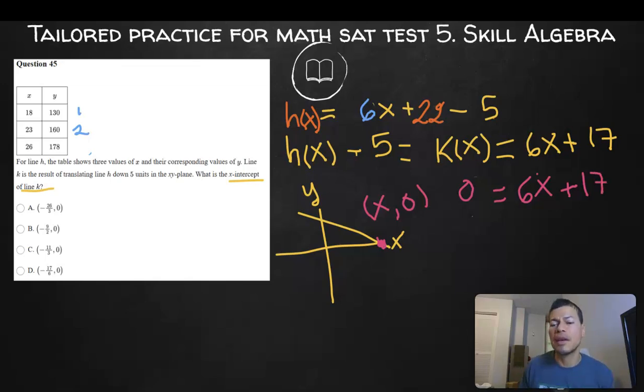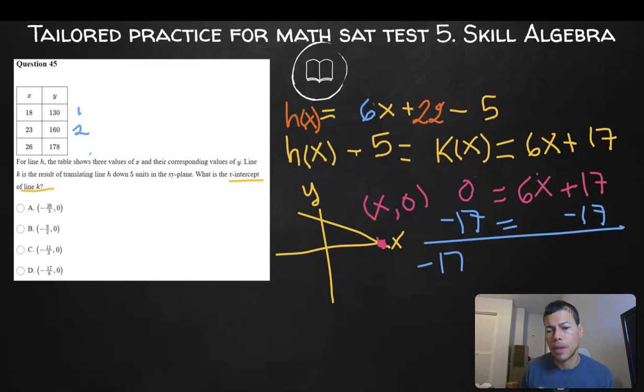So we take away 17 from each side. We take away 17 from here. Then we add the equal sign. And then we take away 17 from here. And then we are left with negative 17. And on the right side, we have 6x.